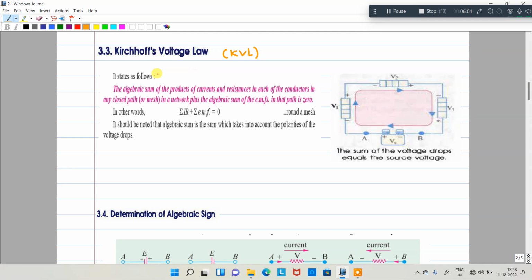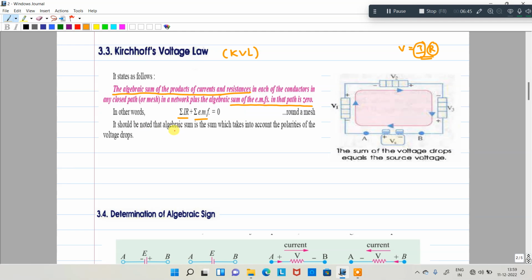It states as follows: the algebraic sum of the product of current and resistance, you know, V is equal to IR, so the sum of products of resistance and current is nothing but voltages, in each conductor in any closed path or mesh in a network, plus the algebraic sum of the EMFs in that path is 0. That means the sum of resistance times current plus the sum of the EMFs is equal to 0. That is Kirchhoff's voltage law.